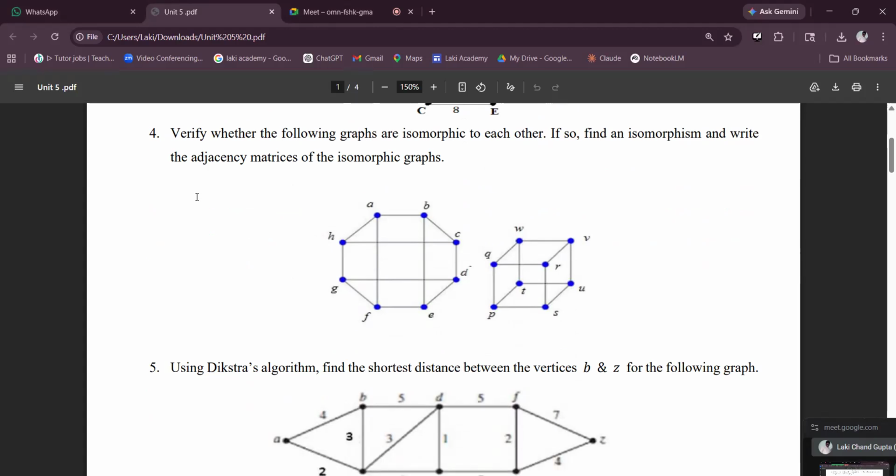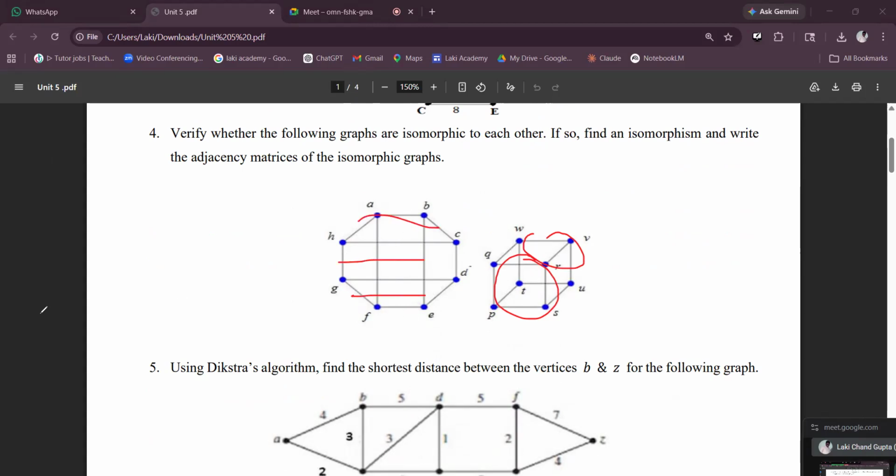Next session. Whether this graph is isomorphic or not. So what is the condition of isomorphism? First count the number of vertices. How many vertices are there? 4 plus 4, 8.